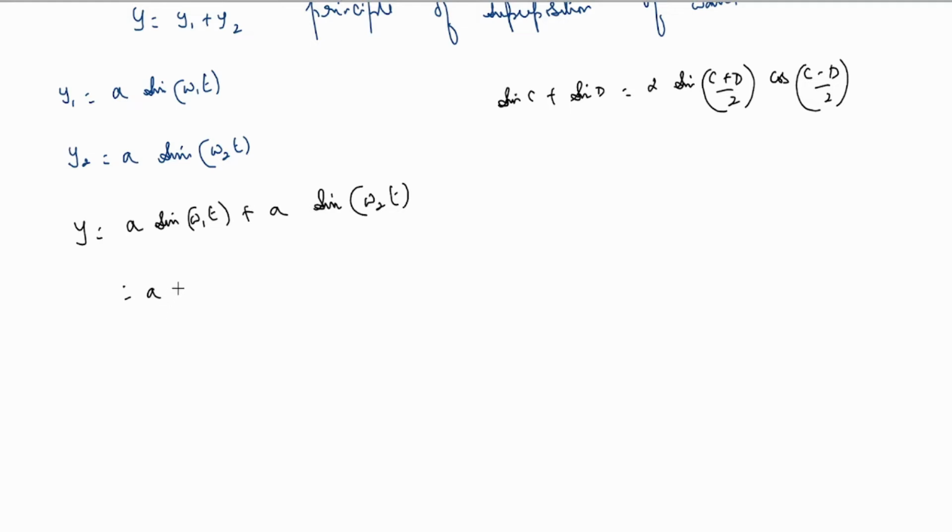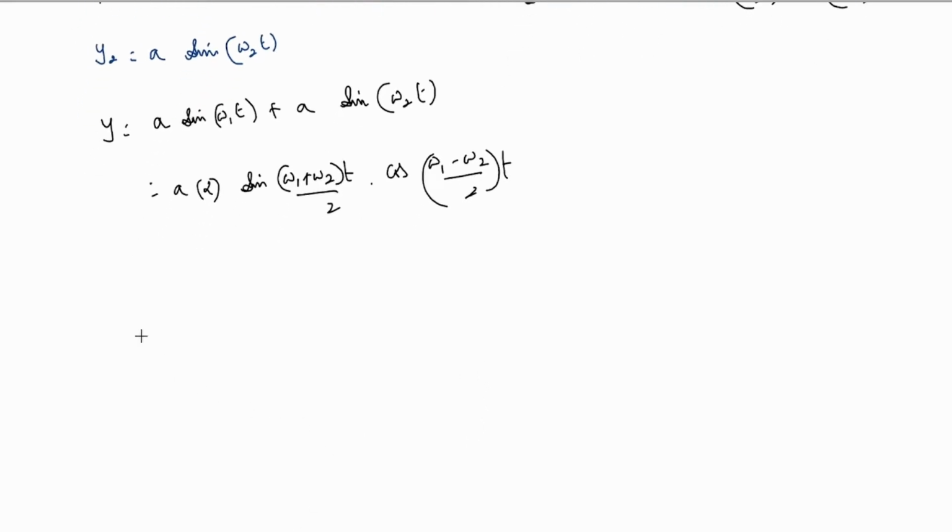Writing it here, it becomes twice into sine of (omega 1 plus omega 2) by 2, since t is common, into cos of (omega 1 minus omega 2) by 2 into t.